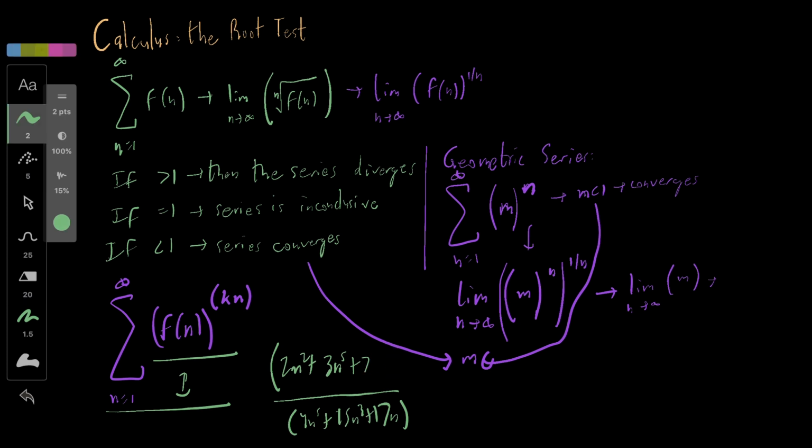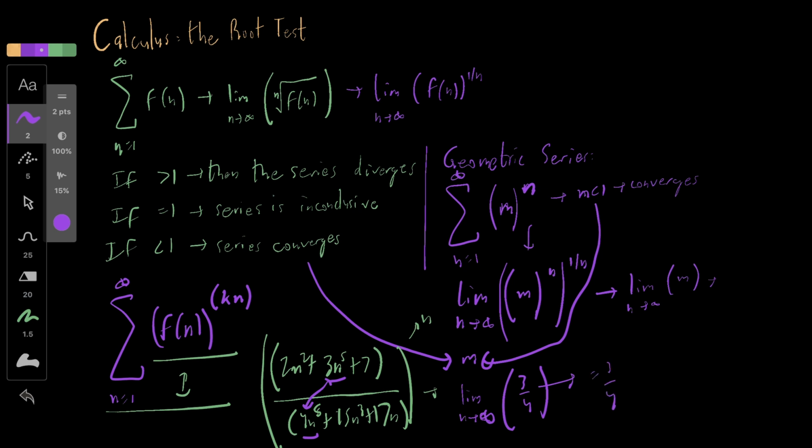So this over here, and all of this is to the power of n, in fact becomes very simple, since by the root test our limit as n approaches infinity will just be of this function. And you see the power is the same, so by the limit rules you have 3 over 4. Basically it's equal to 3 over 4, and it's less than 1, so we know it converges.